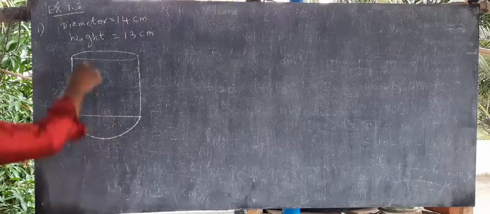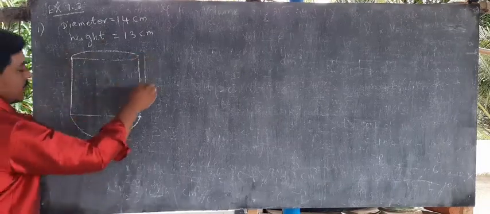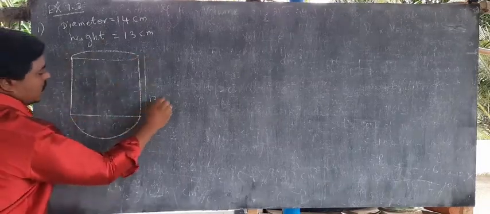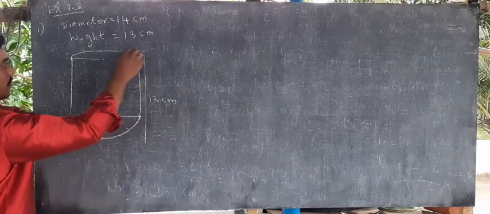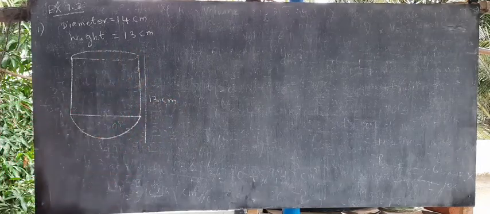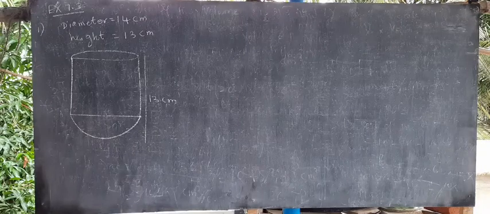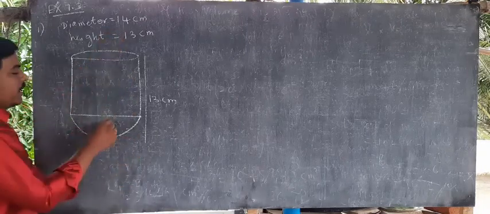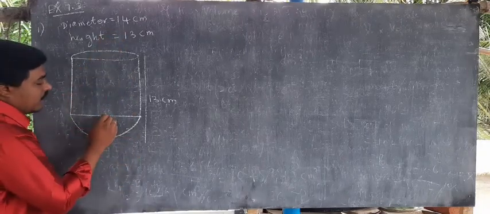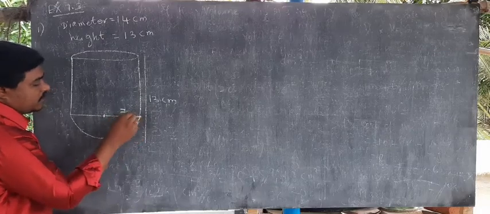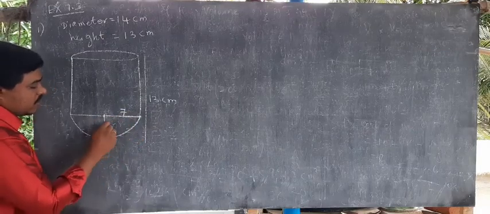And then the height of this vessel is 13 centimeter, the whole thing from top to bottom, and the diameter is 14, but we need the radius. So from here to here the radius is 7, so here also 7 only.